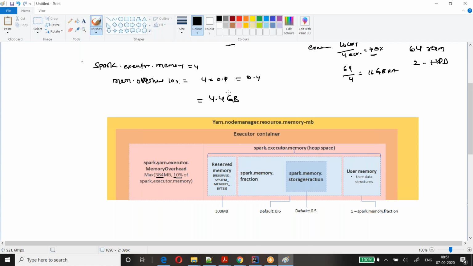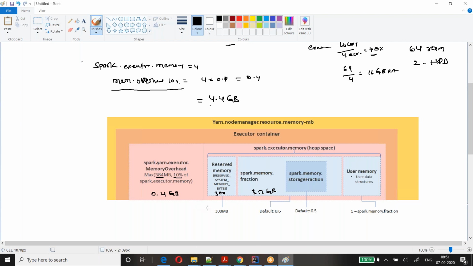So it requested 4.4, of which 0.4 is gone for overhead. 0.4 GB means 400 MB, it has been taken out. 300 MB will go here. So from the 4, 300 MB will go here. How much will be the rest? 3.7 GB, right?